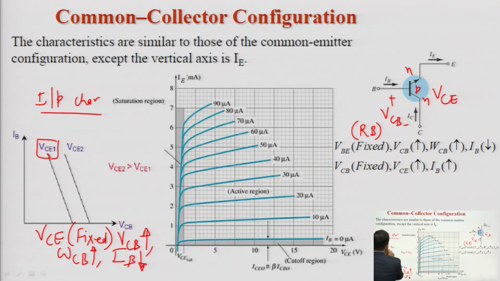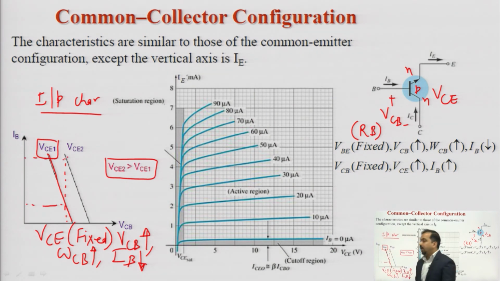So, we have this kind of characteristics. And if VCE increases for a fixed value of VCB, then IB increases. So, this is the input characteristics.